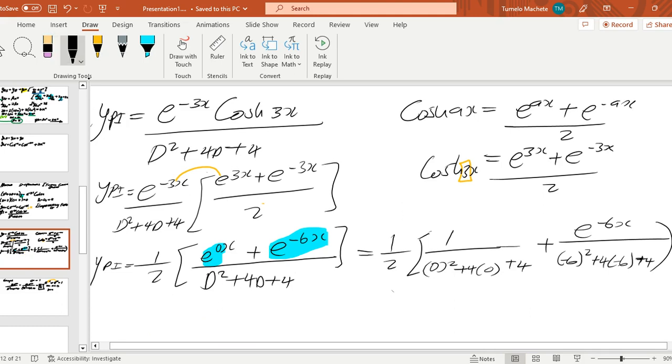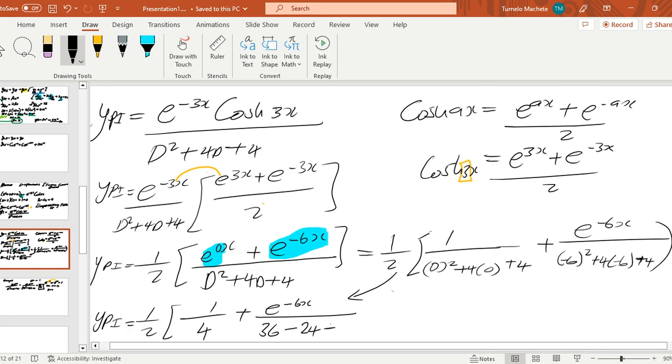Okay, so from here you're going to have YPI equals 1 over 2 times 1 over, everything is going to be 0, so it's 1 over 4, plus e to the power minus 6x divided by 36, then 6 times 4, you're going to get minus 24, minus 24 plus 4.